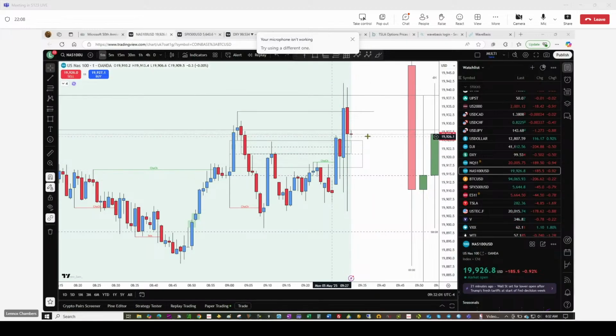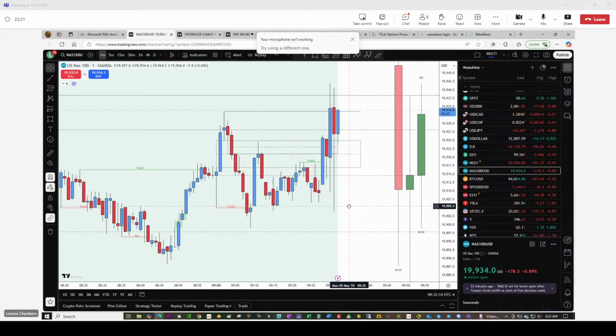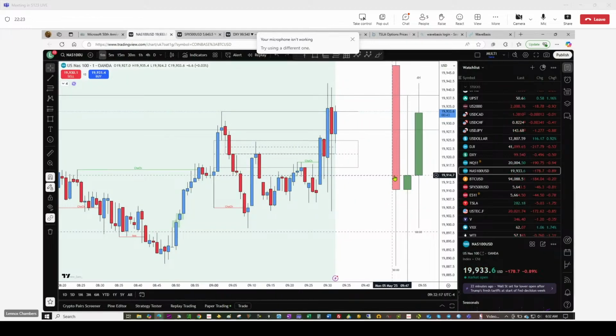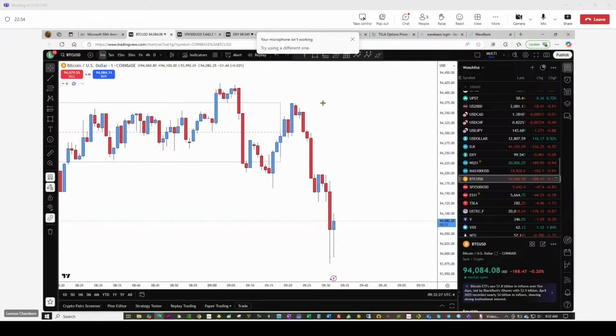But it's very difficult to play at this point because there's no formation here that gives us a cushy entry. What Bitcoin did: Bitcoin went straight down.